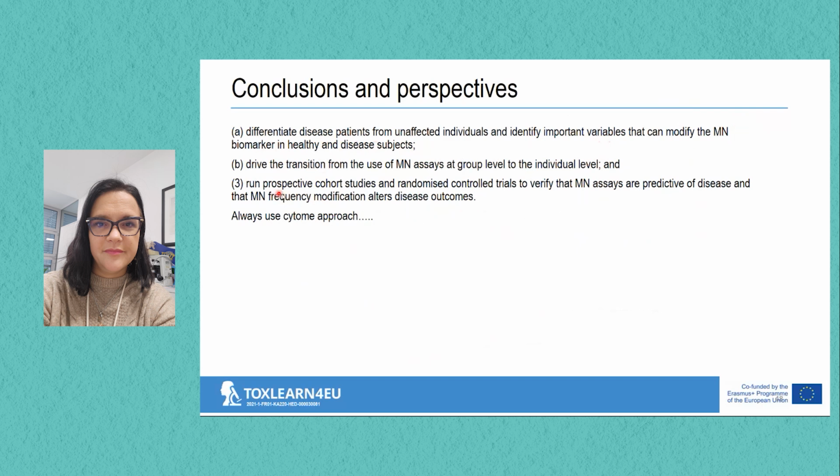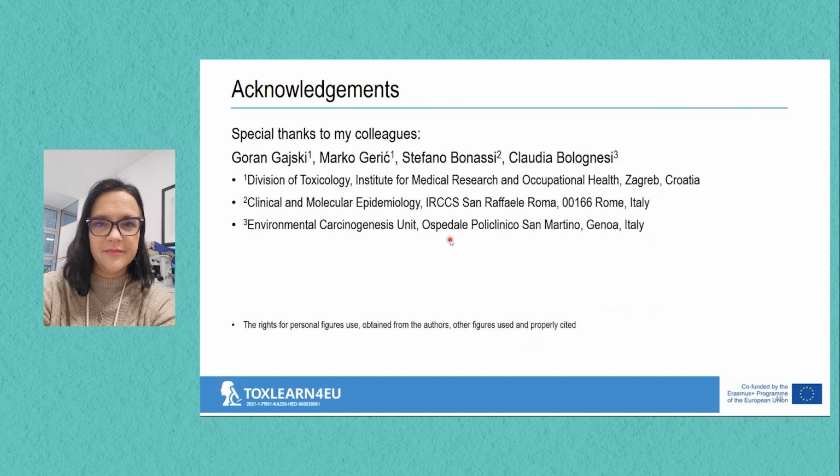We should use prospective cohort studies and randomized controlled trials to verify for which diseases micronucleus can really be precise in prediction, and how micronucleus frequency can modify or alter the disease outcomes. And we should always use the CITEM approach, because it was not so often used in the past, but nowadays almost all manuscripts are using the CITEM approach.